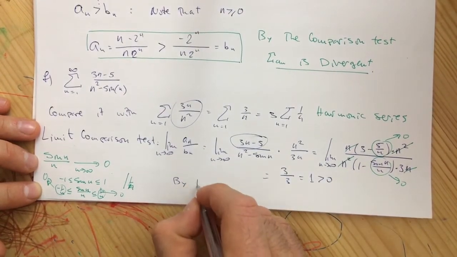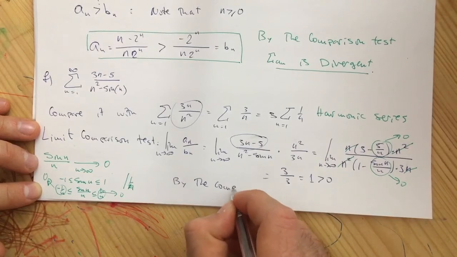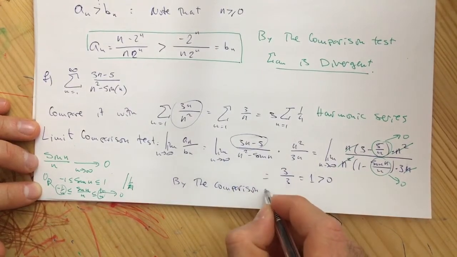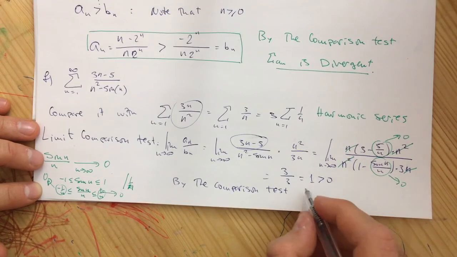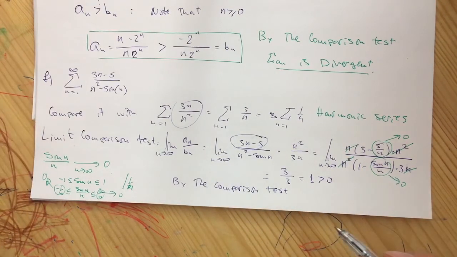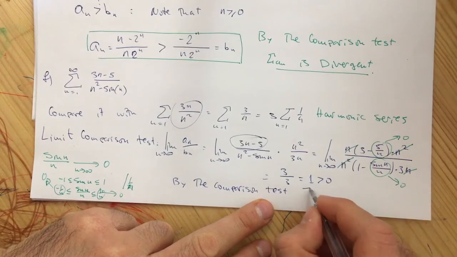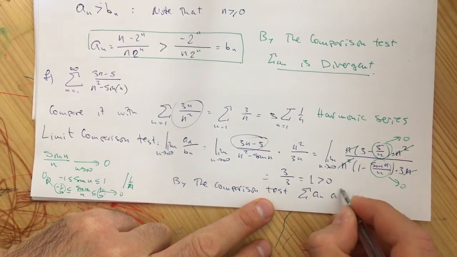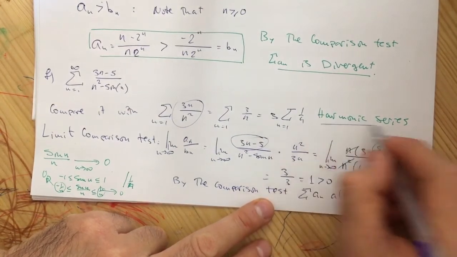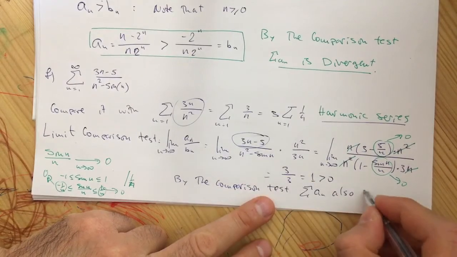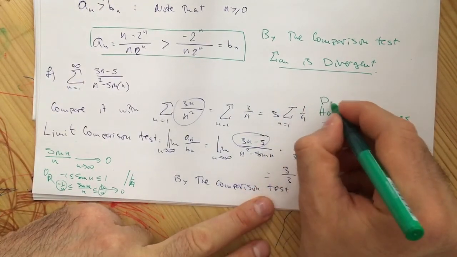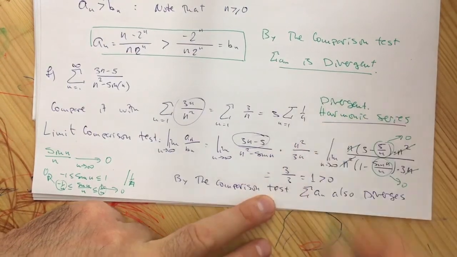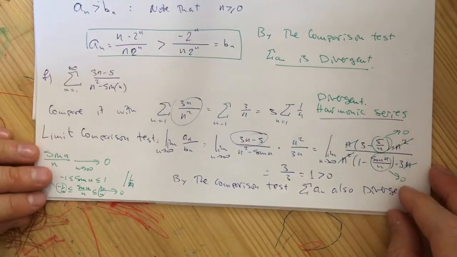And by the limit comparison test, these two sums behave the same. It also diverges, behaving like the sum of bn. So here you're going to write this is divergent. Okay, in the next video I will finish this problem.